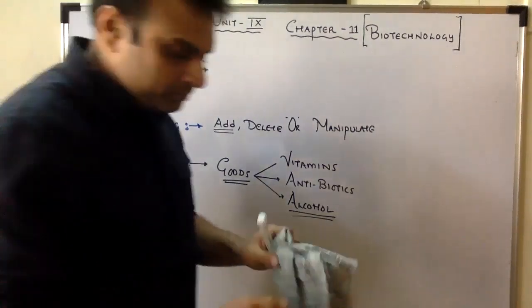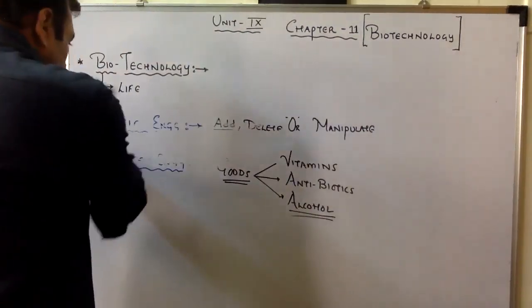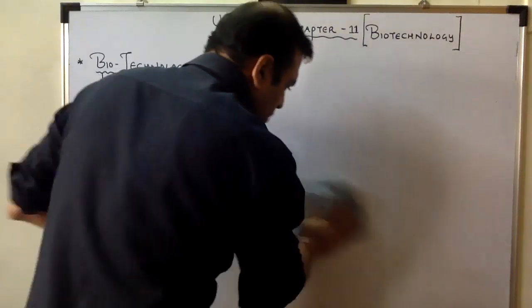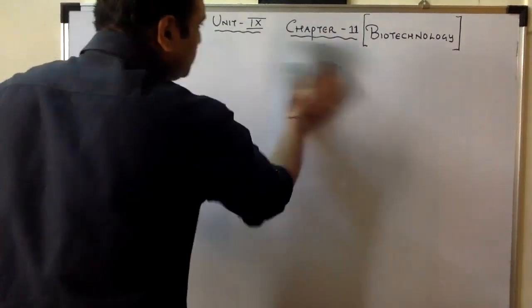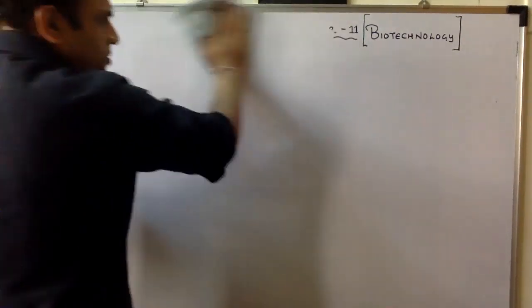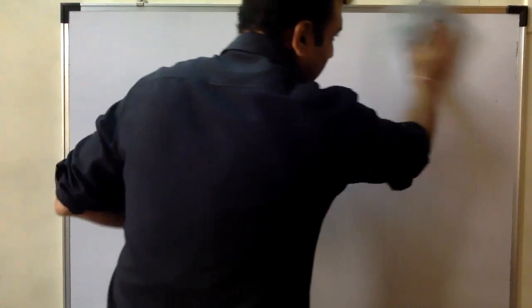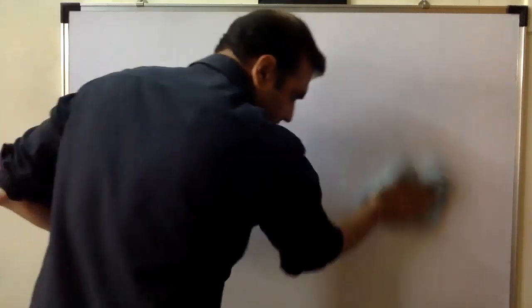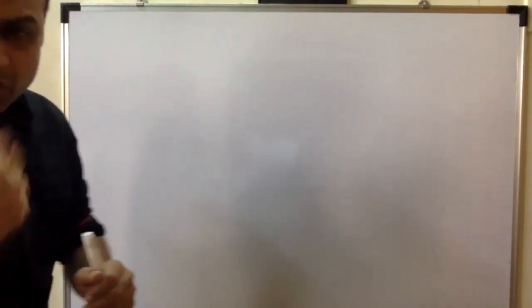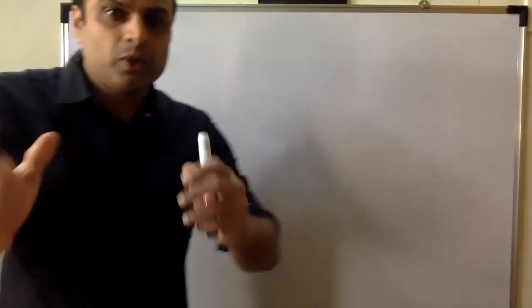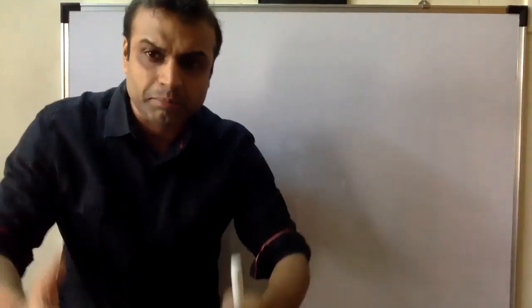Okay, now as I told you, genetic engineering is nothing but it is either addition, deletion, or manipulation of a gene. So I require certain tools whenever we talk about engineering. For example, okay, अगर मेरे को computers का software engineer बनना है, तो can I say my tool is nothing but my computer?